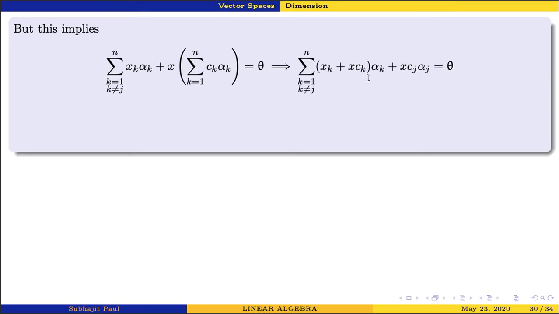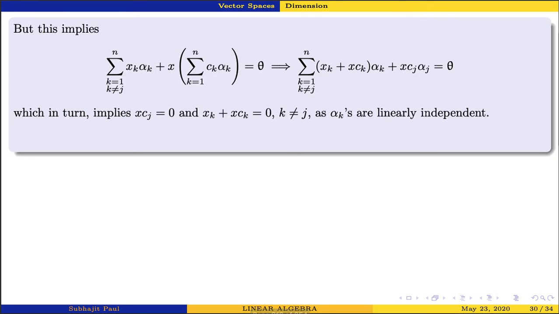This is grouped together again like this, xk plus x ck alpha k plus x cj alpha j equals theta, which in turn implies x cj equals 0, and all these coefficients are 0, because this one, alpha k, k runs from 1 to n, k not equal to j, and alpha j here separately, all these vectors are from S, and S is linearly independent.